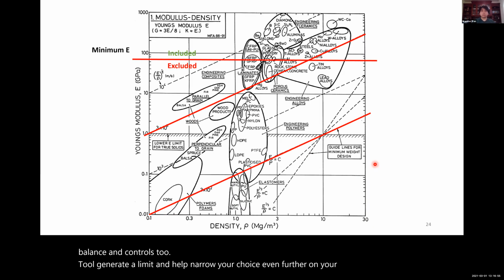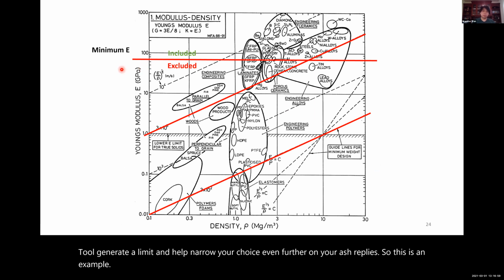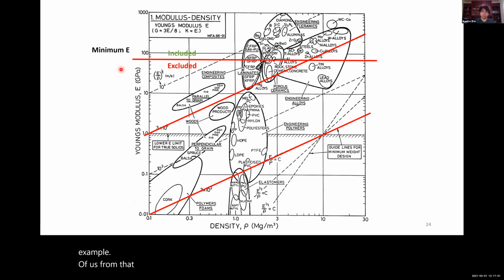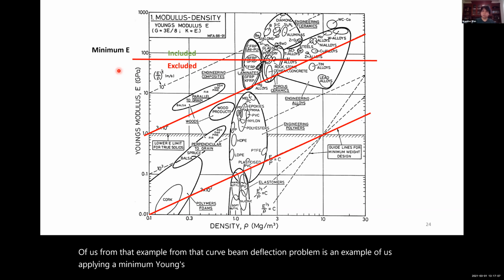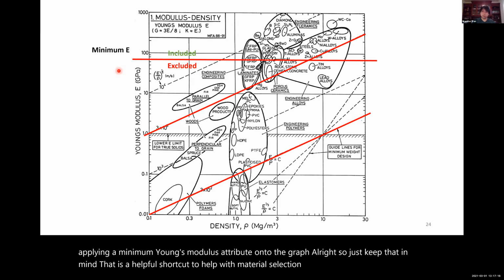So this is an example from that curved beam deflection problem. It's an example of us applying a minimum Young's modulus attribute onto the graph. All right, so just keep that in mind. That is a helpful shortcut to help with material selection and further narrow your choices.